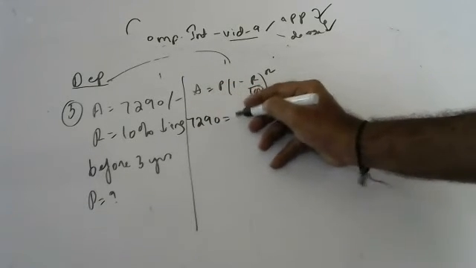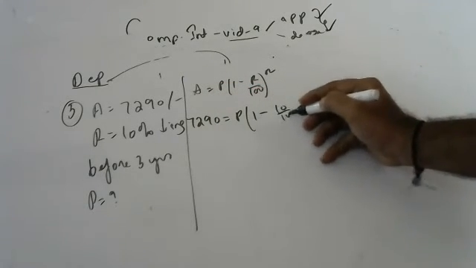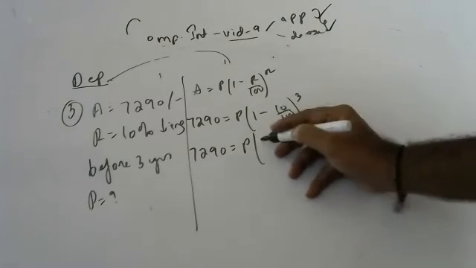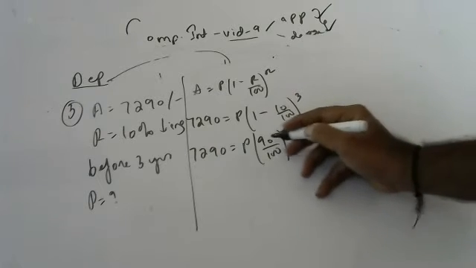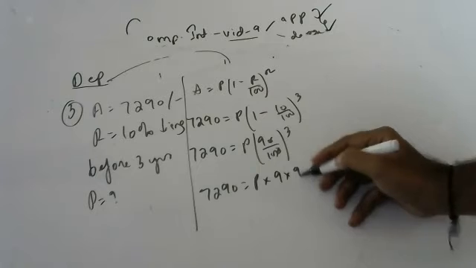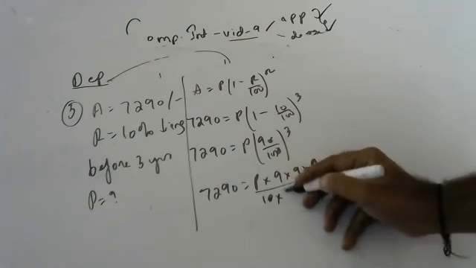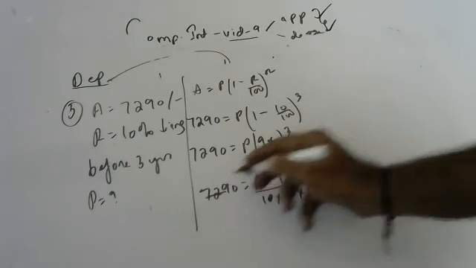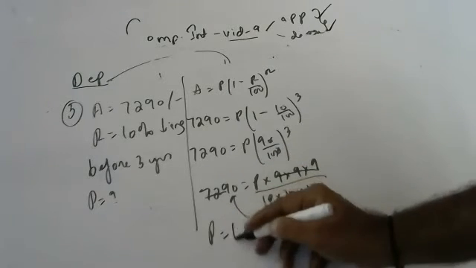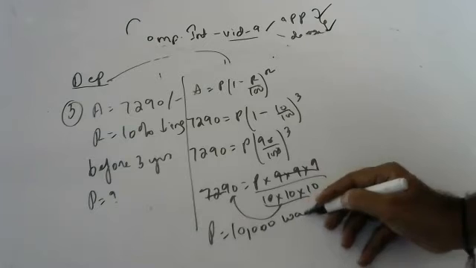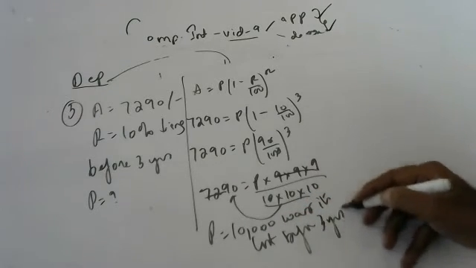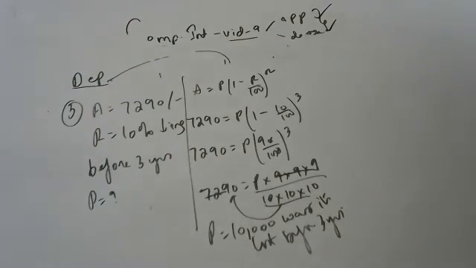So 7,290 is equal to P into 1 minus 10 by 100 whole cube. 7,290 is equal to P into 90 by 100 whole cube, which is 9 by 10 whole cube, so 9 into 9 into 9 by 10 into 10 into 10. So 10,000 was its cost before 3 years.